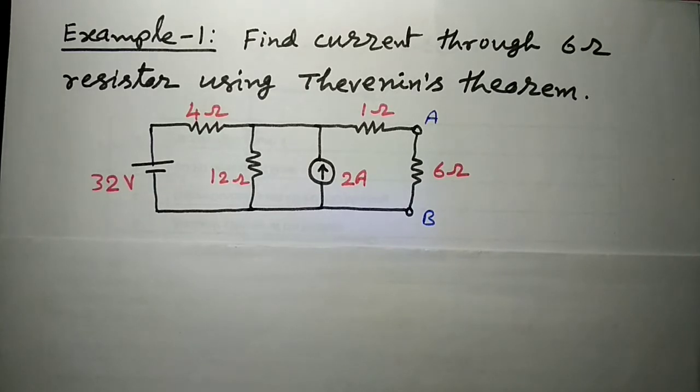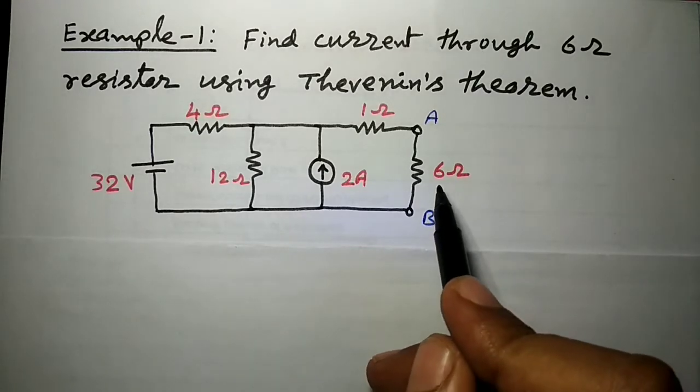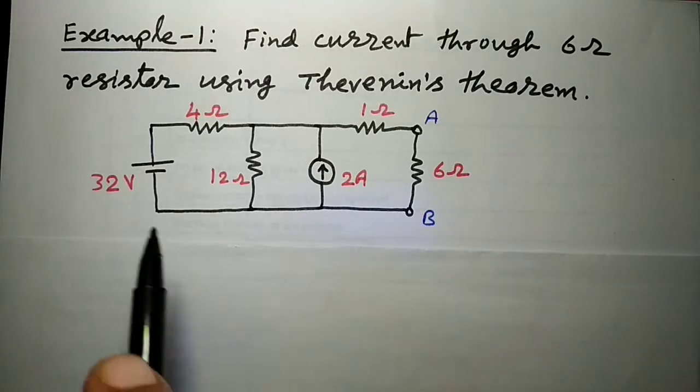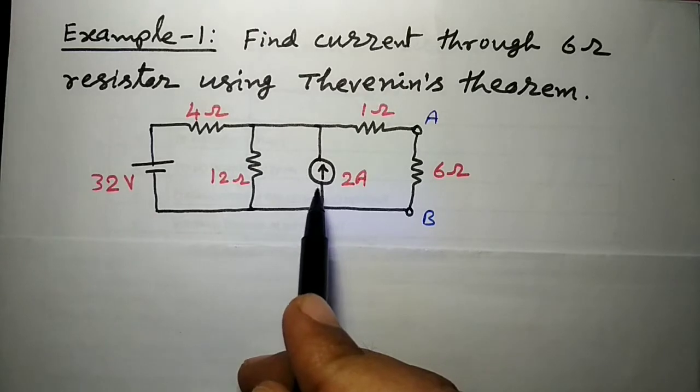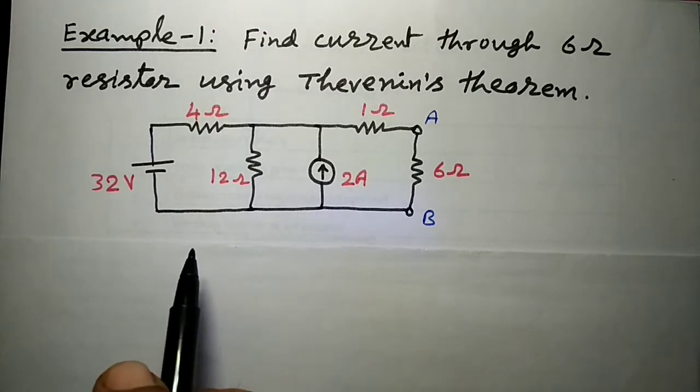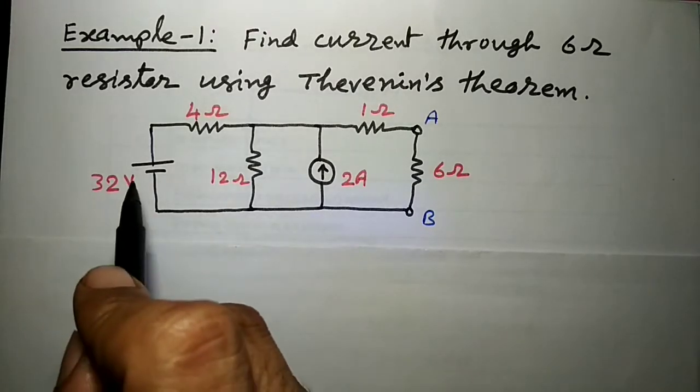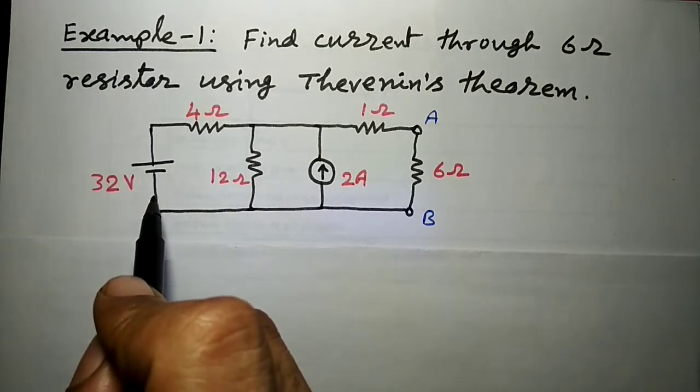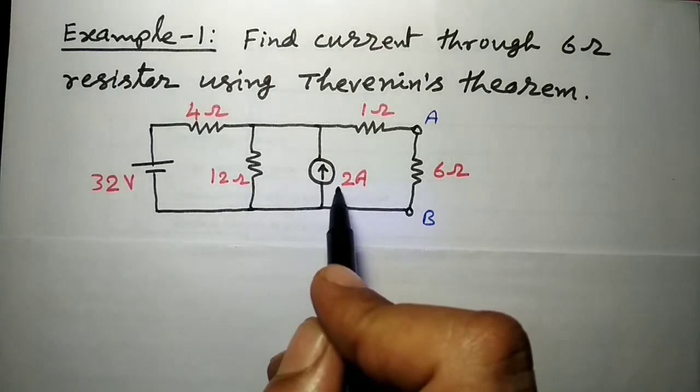So here first of all we will calculate the RTH, and for calculation of the RTH the process is we have to remove the load resistance from the circuit and we have to replace the energy sources by their internal resistance. Means the voltage source terminal will be shorted and the current source terminal will be opened.